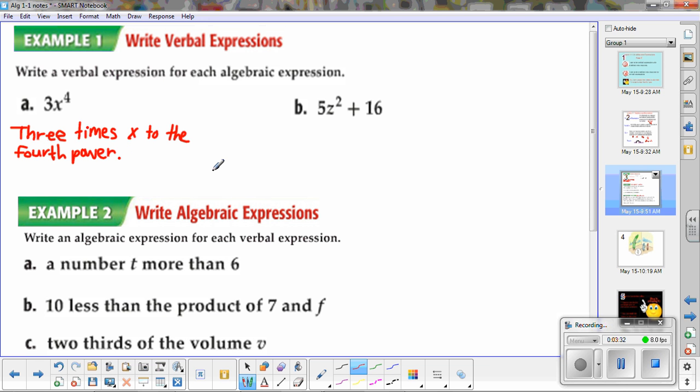That's one example. You could also say the product of 3 and a number x to the fourth power.